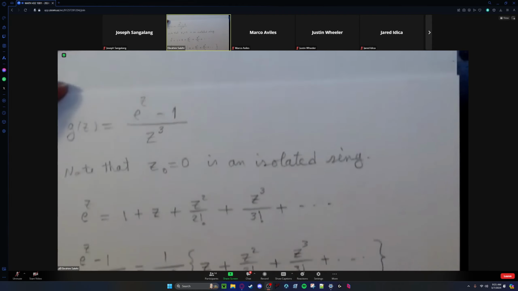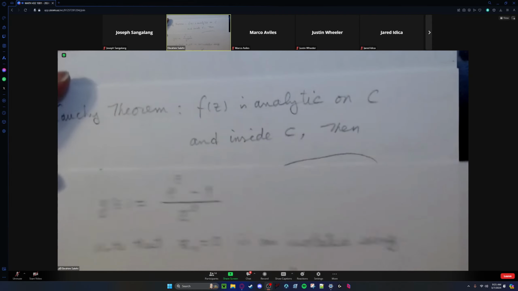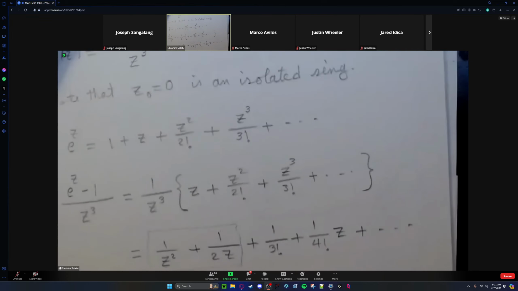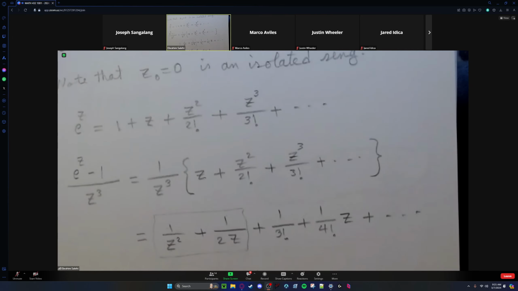The question right now you could ask is, is this the only zero that we have for this function?